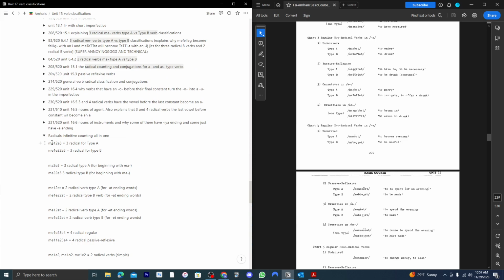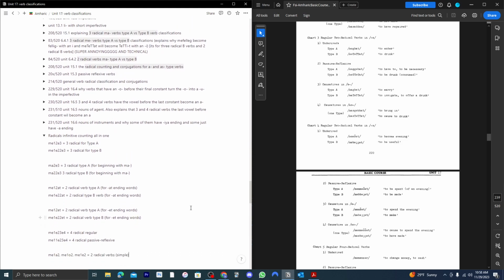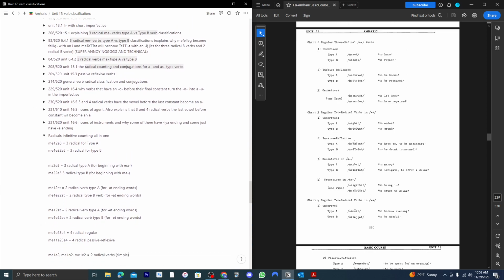So if you see an ME, one radical, two radical, E, and third radical, then it will be the three radical type A. Same thing for ME, one, two, this will be a type B, three radical regular, three radical type A, if it begins with MA, and so on. We can try it. I haven't used this too much, but let's pick this word. ME, radical, radical, E, radical, AT.